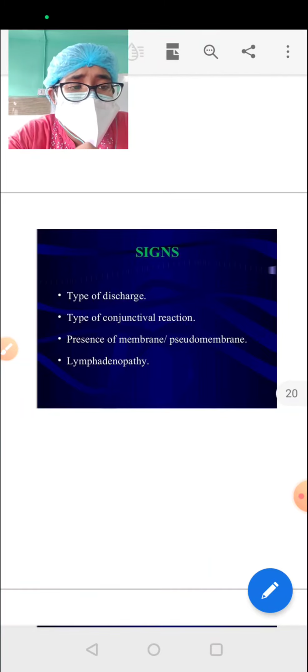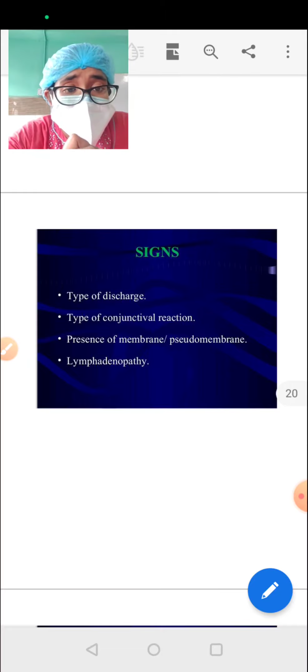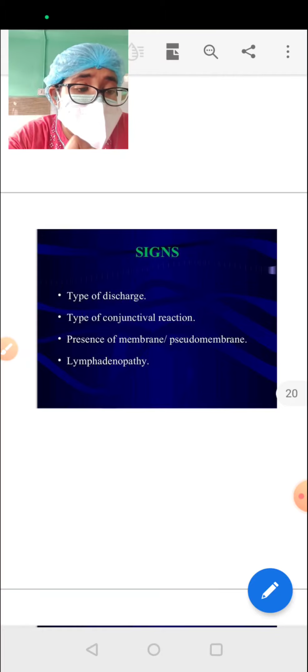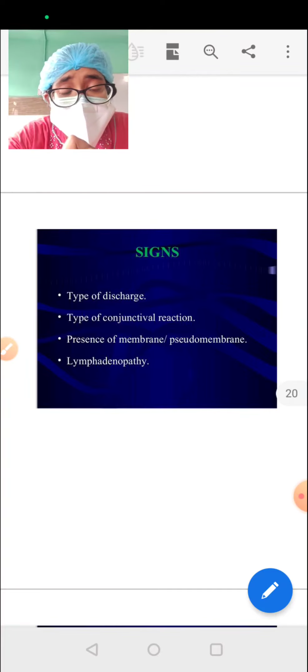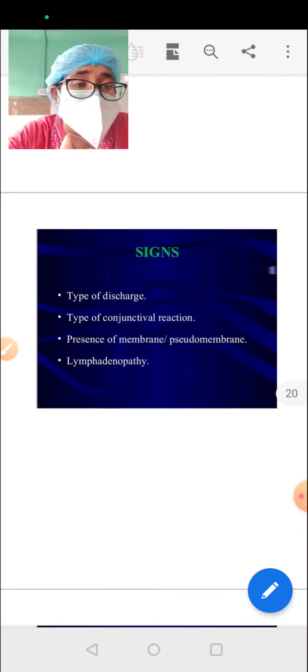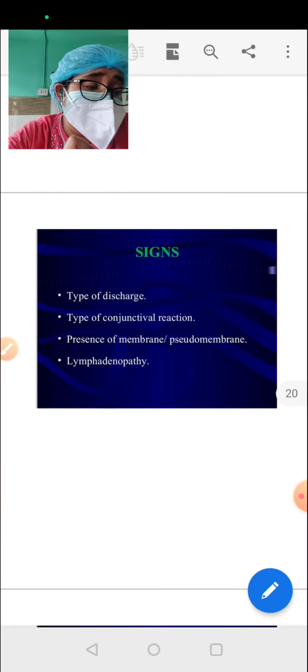Those signs can be divided into type of discharge, type of conjunctival reaction, whether papillary or follicular, whether the discharge is mucus, mucopurulent, mucoid, watery or severely purulent, whether there is presence of membrane or pseudomembrane, or any lymphadenopathy and which lymph nodes are involved. Based on these signs, you can deduce which type of conjunctivitis you have.